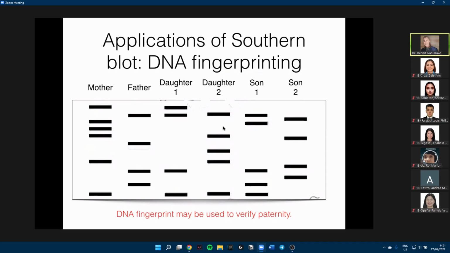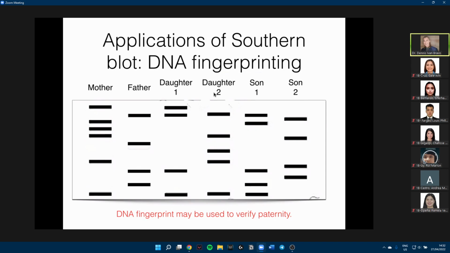What about for the case of daughter number 2? Well, this matches the mother. This matches the mother. This doesn't match anyone, so it must have come from somewhere else. This matches the mother. This doesn't match anyone. It's slightly longer than this.